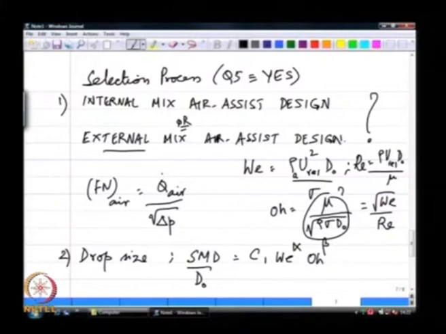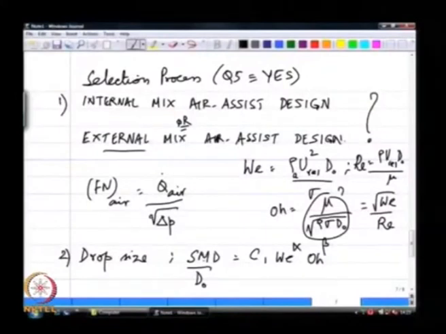So, I can use a correlation like this to figure out what air velocity I need, because I have fixed the flow number on the simplex side. The u relative is the liquid film velocity minus the air velocity, or actually the other way around, air is usually moving faster than the liquid, right. So, given an SMD that is desirable, I can find We, the Weber number for that given application, and from there calculate what u air would be best, would give me that Weber number.